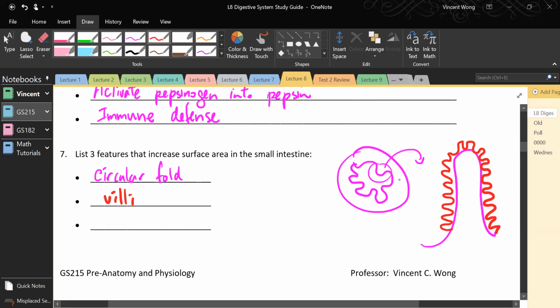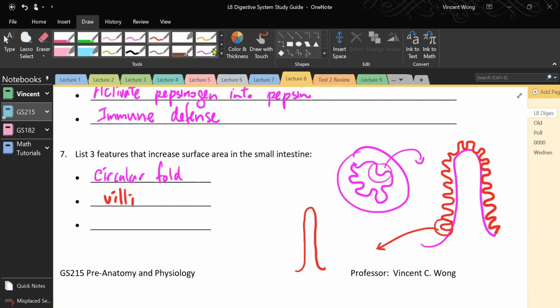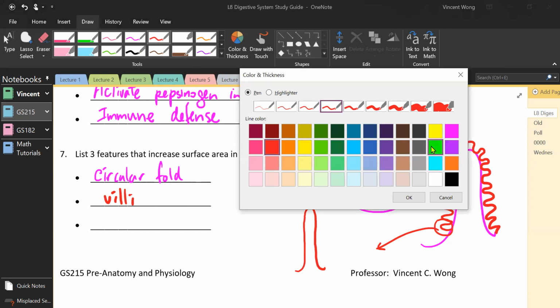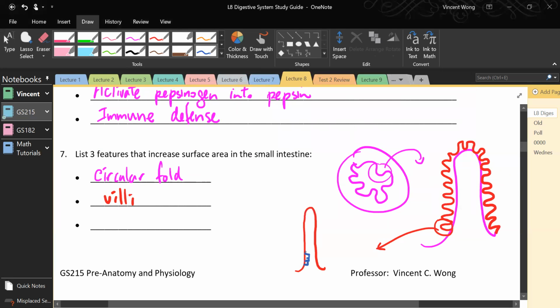If you zoom in one more time onto the villi, you will see that the individual villi are made up of cells, and the cells have mini hair on them. I can zoom in one more time to draw one of them. So they look like this. They're not cilia, but actual cell membrane that forms these finger-like projections again.